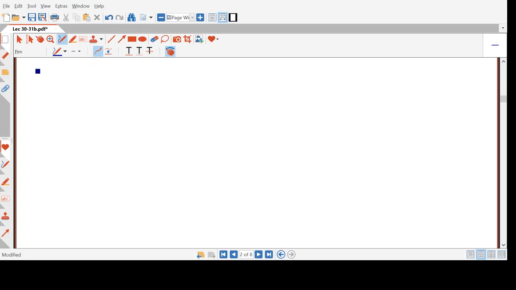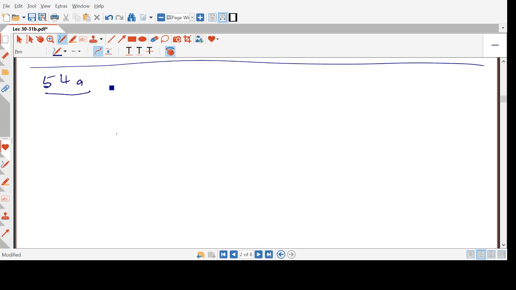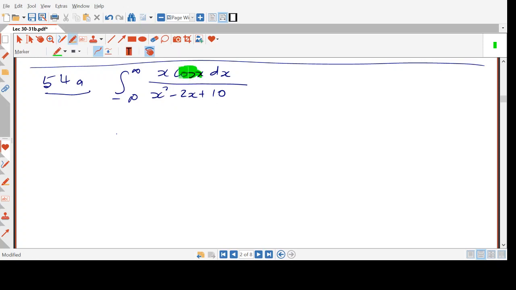Now, moving on. Let's take another example. 54a. For a, the type here is the integral from minus infinity to plus infinity of x cos x dx over x squared minus 2x plus 10. Now, the presence of cos here suggests that it's a Fourier type integral.